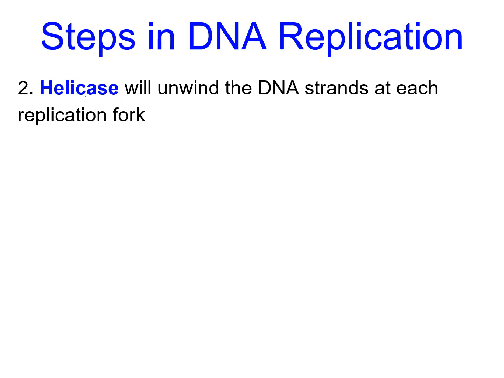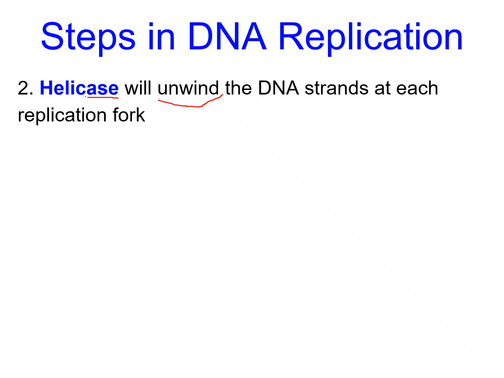Helicase is the enzyme responsible for unzipping or unwinding the DNA, opening it up by separating the two strands. And remember, what holds those strands together? Hydrogen bonds between the complementary base pairs.